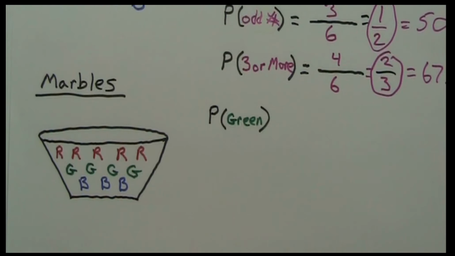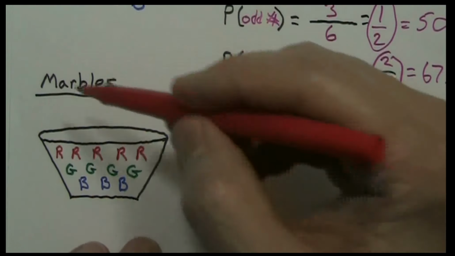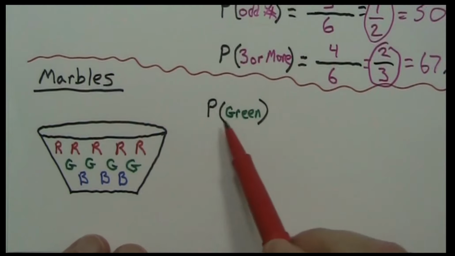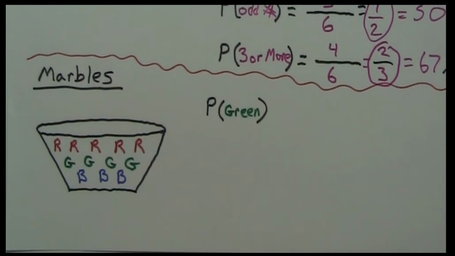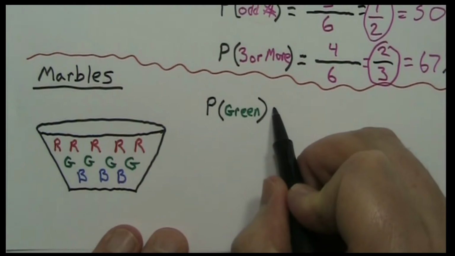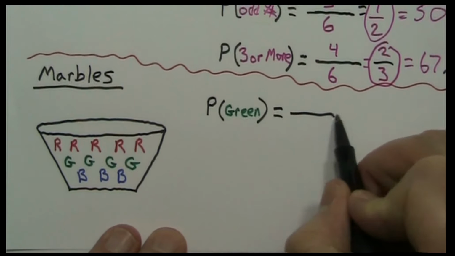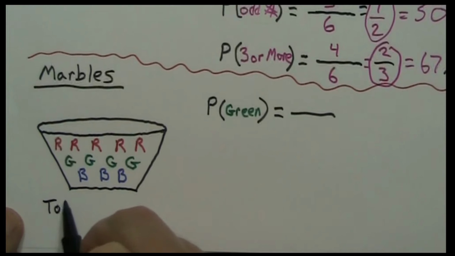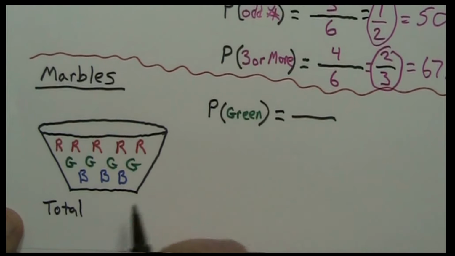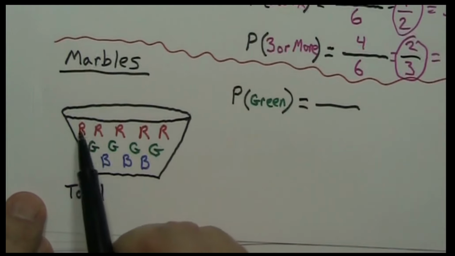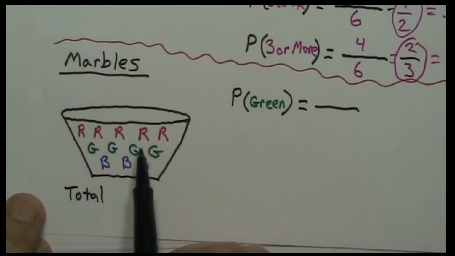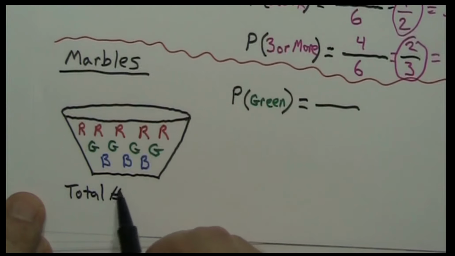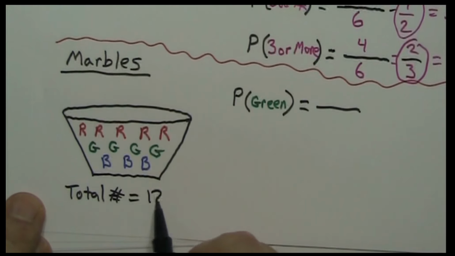Okay, our first one is, what is the probability of pulling out a green? Well, first of all, I need my total. What are the total possibilities? 1, 2, 3, 4, 5, 6, 7, 8, 9, 10, 11, 12. The total number is 12.